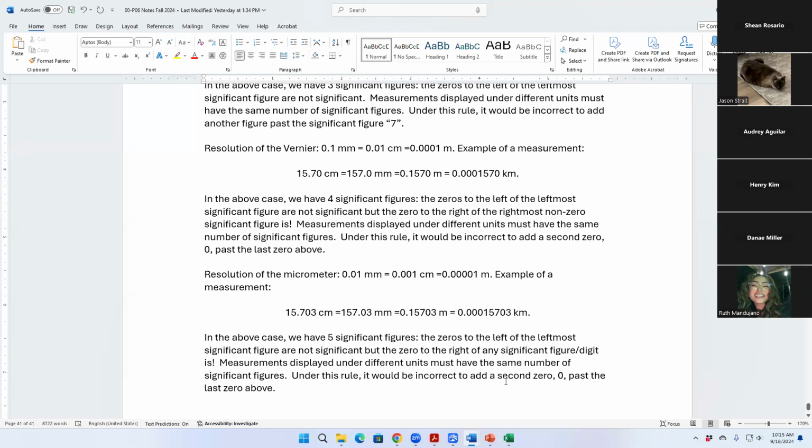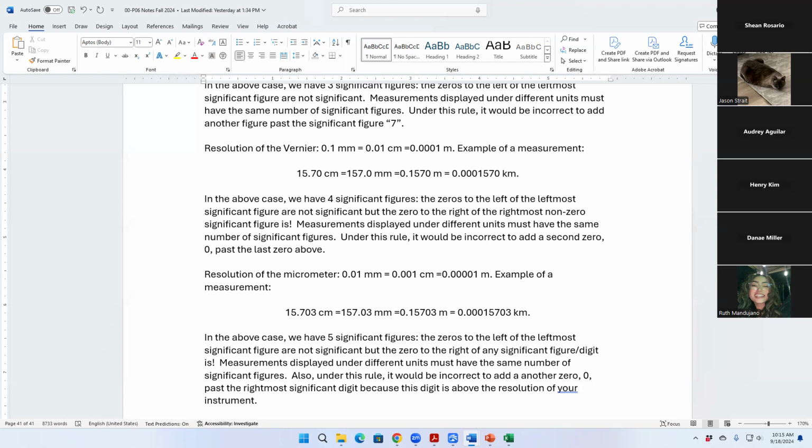Under this rule, it would be incorrect to add another zero past the rightmost significant digit, because this digit is above the resolution of your instrument.